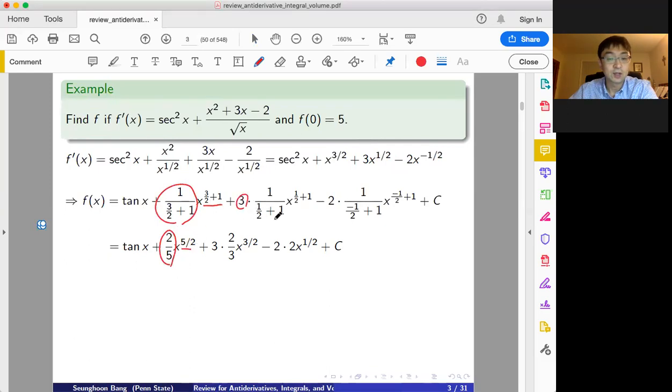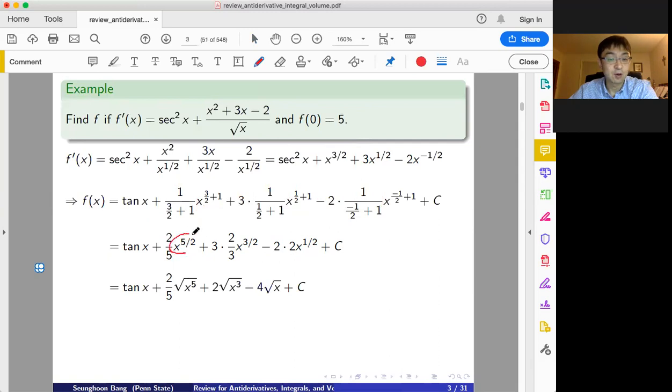We can keep 3. 1 over 1/2 plus 1 is 1 over 3/2, so flip to 2/3. This minus 2 is here. This one, minus 1/2 plus 1 is 1/2, and 1 over 1/2 is 2. So plus c. Next, change back to square root form.